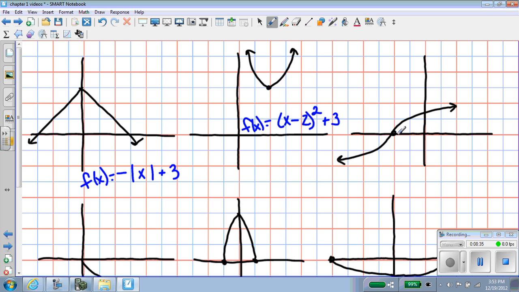It shifted left 2, so x plus 2. Now the parentheses are actually a bit redundant here. The cube root can act as the grouping symbol. So if you like the parentheses because it keeps you honest, okay, but you probably won't see them in our text or in any other text, because the cube root symbol says these guys go together as long as they're under the cube root.